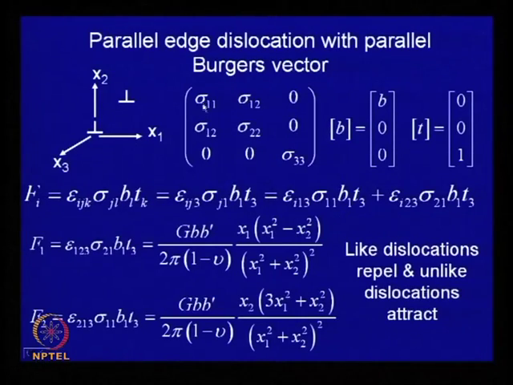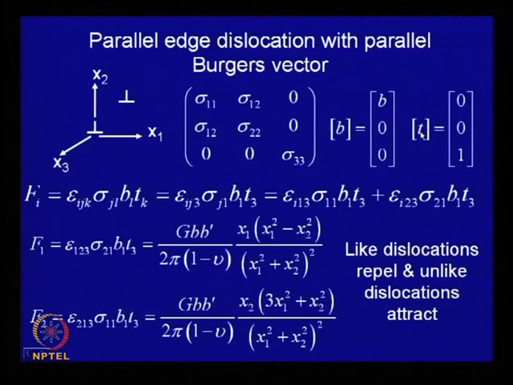Now, in this particular case of edge dislocation, the non-zero components of stresses are listed over here, and here again the Burgers vector is along the x1 direction. So, unlike the previous one where the Burgers vector was along x3, here the Burgers vector is along the x1 direction. So, b you can represent as (b, 0, 0), only the b1 component is non-zero.